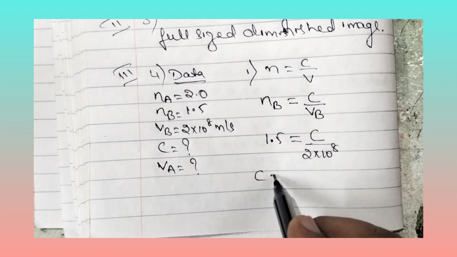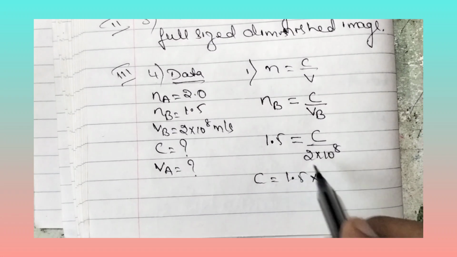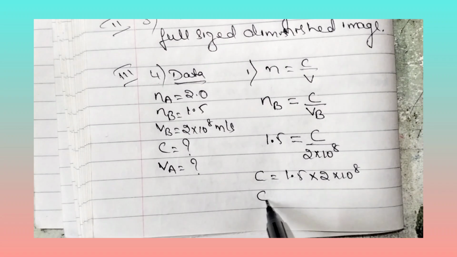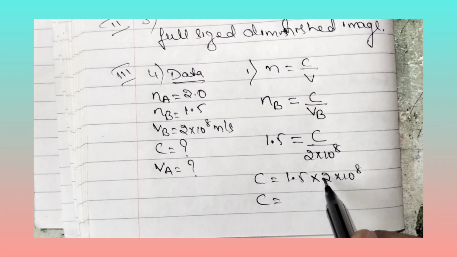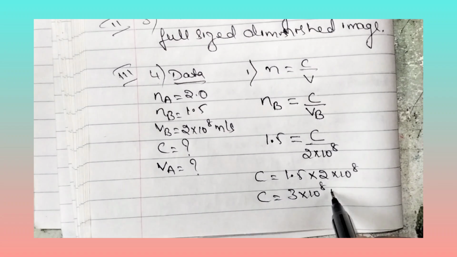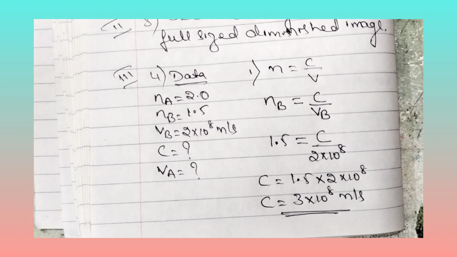So C is equal to 1.5 into 2 into 10 to the power of 8, that is 3 into 10 to the power of 8 meter per second. Therefore, the speed of light in vacuum is 3 into 10 to the power of 8 meter per second.